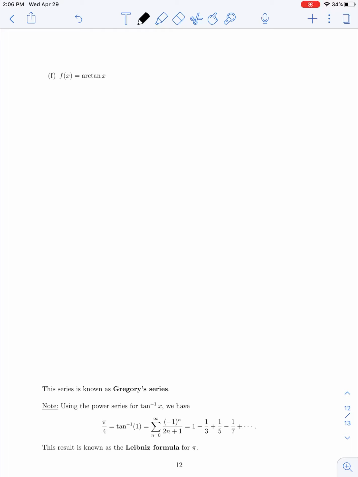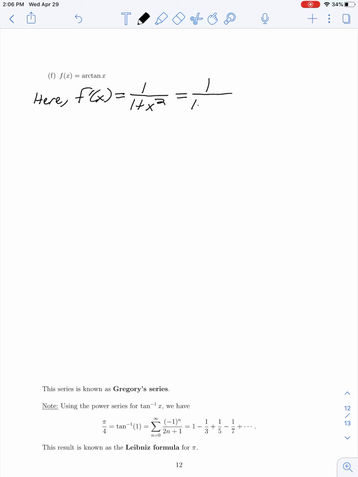So again, in this example, we have a function which cannot immediately be considered as the sum of a geometric series. But if I were to differentiate this function, I know that the derivative of arctangent x gives me a ratio, 1 over 1 plus x squared, which now can be rewritten in the form of the sum of a geometric series.